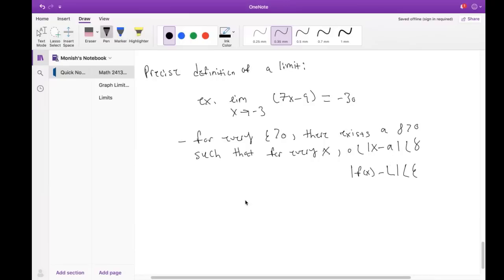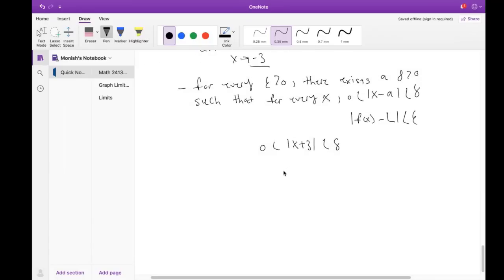So if we go ahead and apply that for this problem, we'll end up getting 0 is less than the absolute value of x minus, and in this case your a is going to be negative 3, so x minus negative 3 is just x plus 3, and that's less than delta.